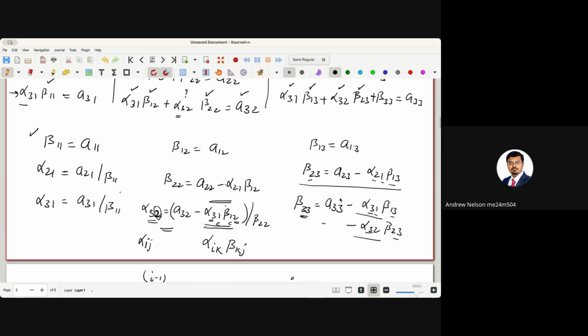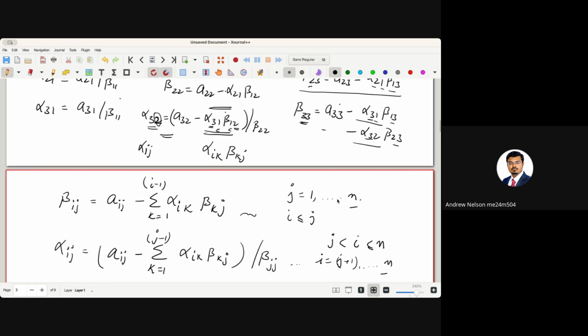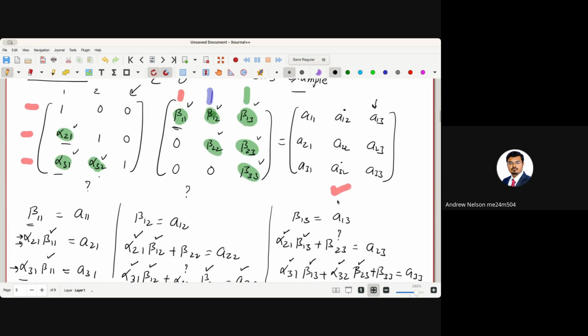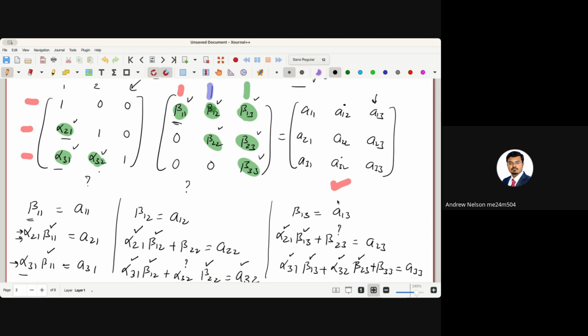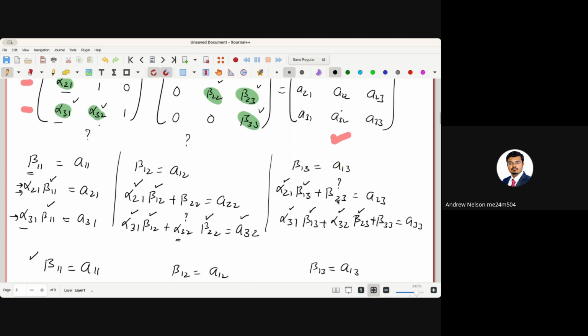Sir, just one question. So alphas and betas, instead of them being dependent on each other, can we already make them based on just the A's, or Aij? For example, on the left hand side, beta 11 equals A11.